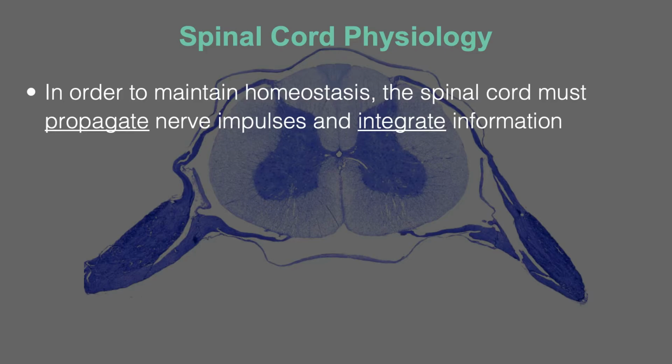Any information that's not important doesn't have to go to the brain. So, some of the information can be processed or integrated in the spinal cord. And what I'm describing to you are reflexes. We'll talk about them in detail, but you've probably heard of what reflexes are. You know what to expect when you think reflexes, or some of you were in lab this week and you have firsthand experience.